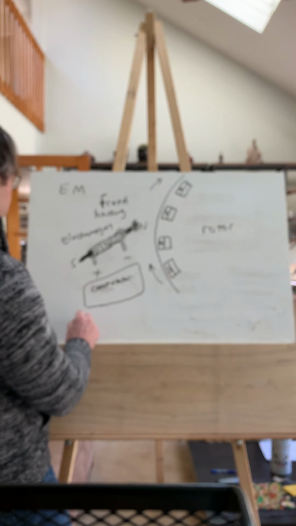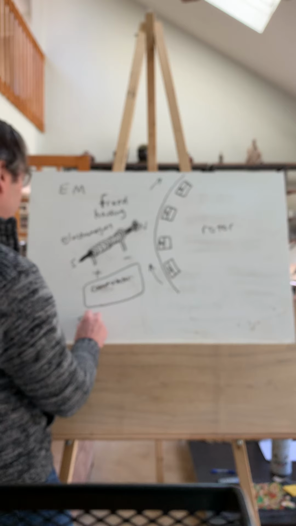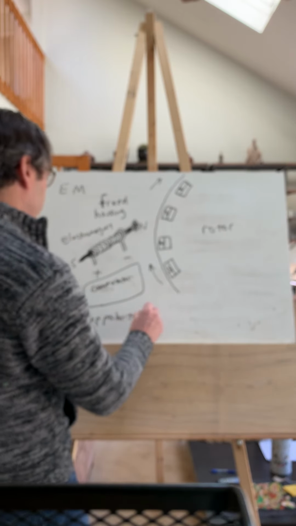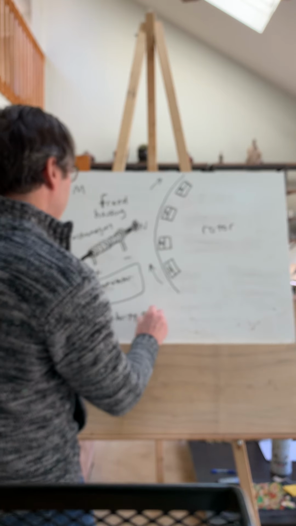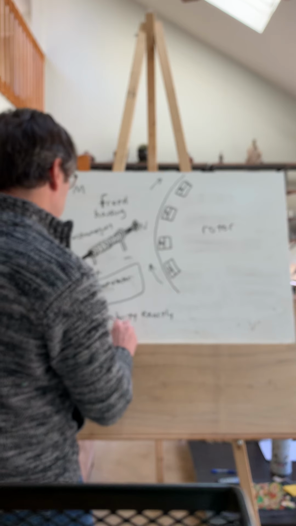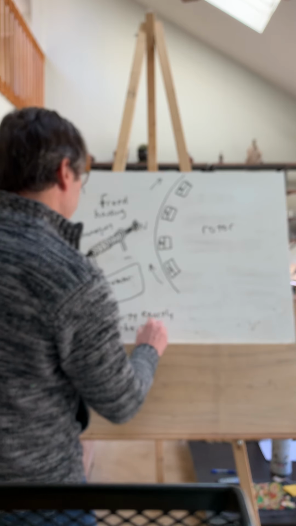And the job of a commutator is to swap polarity exactly when the rotor magnet passes.